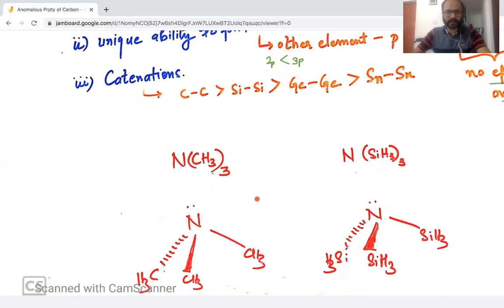Now here I have put two different molecules. One is trimethylamine, and another is trisilylamine. What I would like you to do, while we will be discussing this in the live session, is to try to find out the shape of these two molecules.